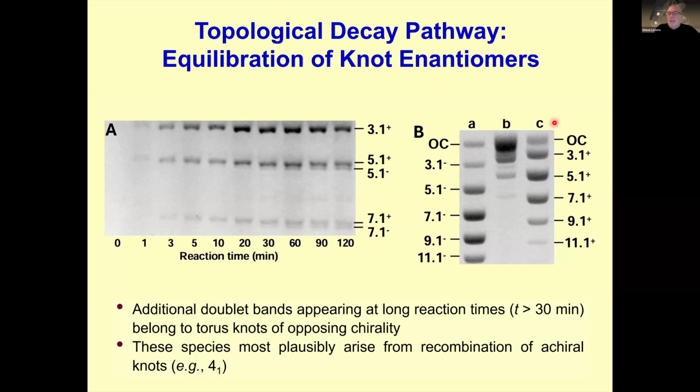So in lane C over here, these are the normal torus knotted products from the first round or early rounds of recombination using negatively supercoiled DNA. But these are the products over here that come from positively supercoiled DNA. And you can see that, oddly enough, there's a difference in mobility.